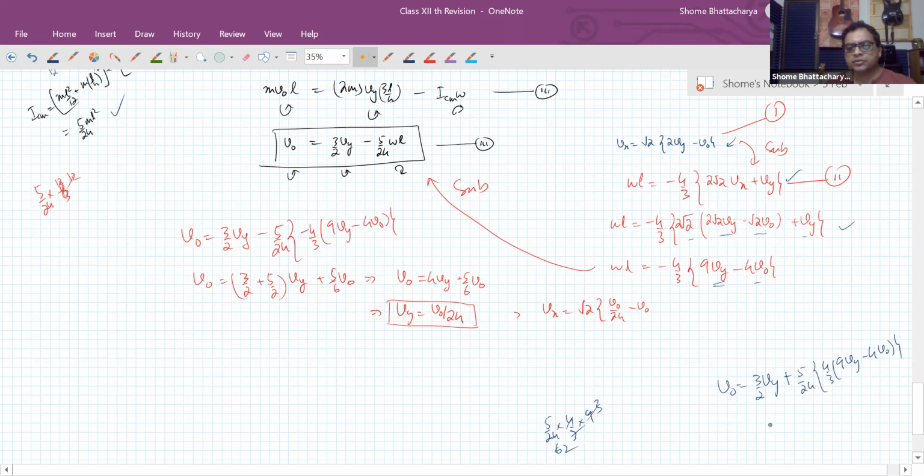So this is 5/2. This also appears okay. Oh, minus है. Okay, that is where the mistake is happening. This is where the mistake is happening. This is a minus sign.